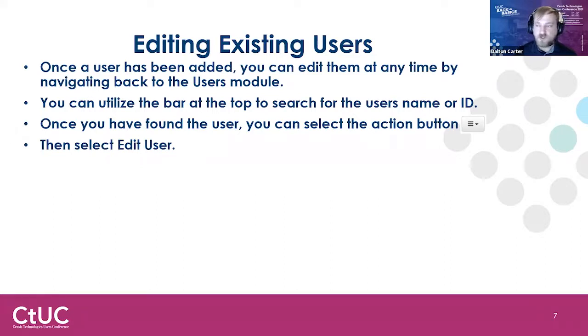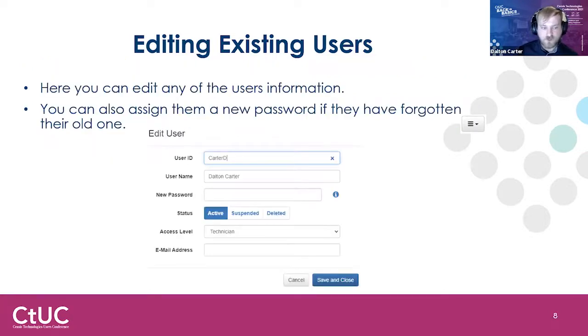So once you've found the user that you want to edit, you're going to select the action button, which is the 3 lines with the arrow. And then you would select edit user. And it would pull up fields that look like this. So here you could edit any of their information.